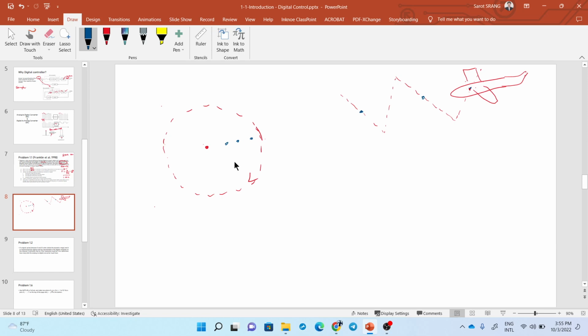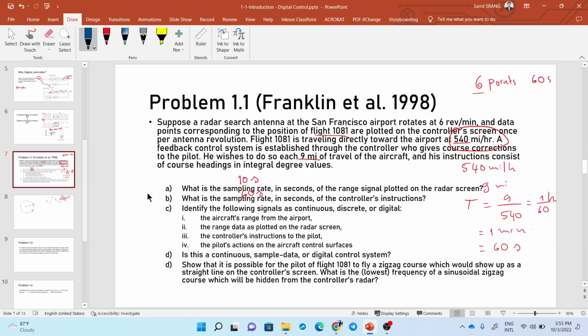Yeah, that is correct. And now the next question is, what is the lowest frequency of a sinusoidal zigzag course which will be hidden from the controller's radar?